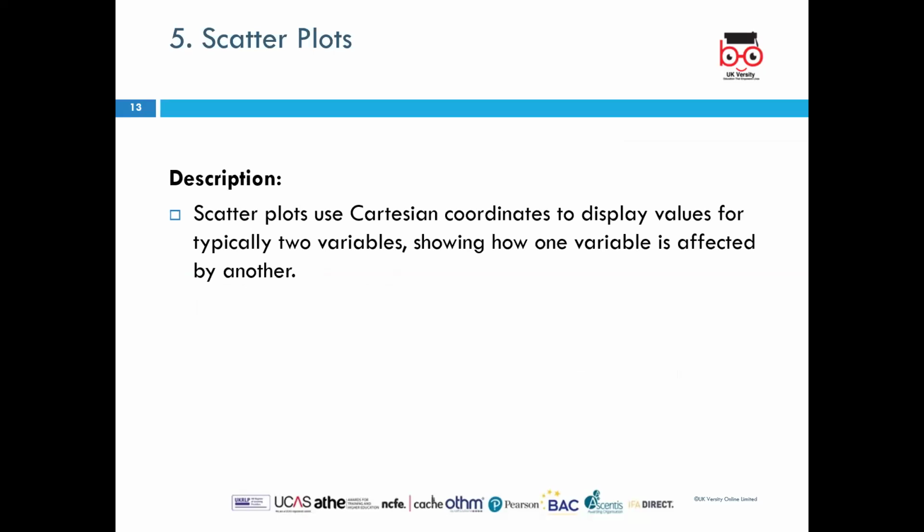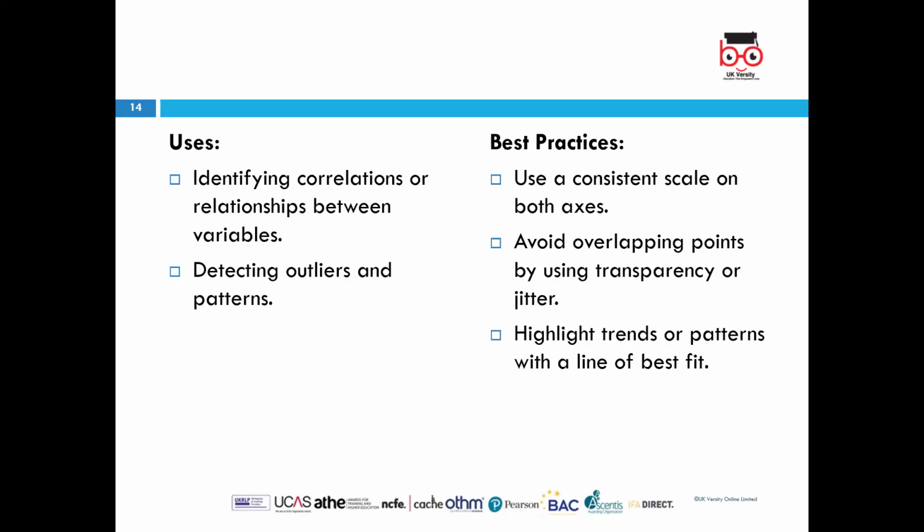Scatter plot. There is a use of Cartesian coordinates to display values for typically two variables, showing how one variable is affected by another one. This is used to identify correlation or relation between variables, detecting outliers and patterns.